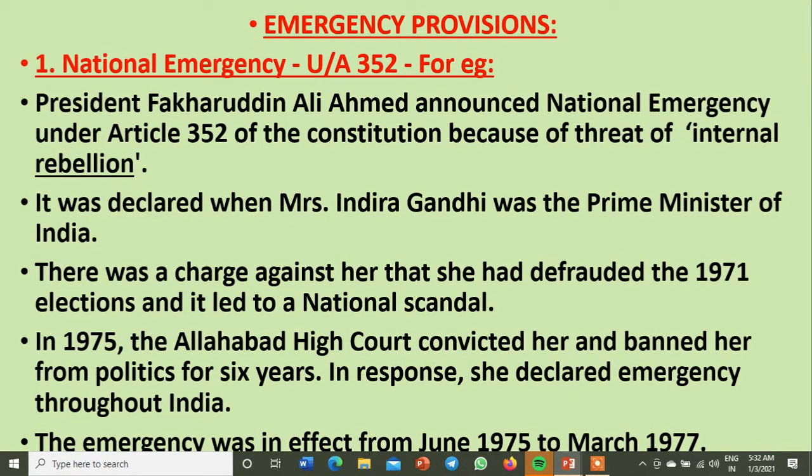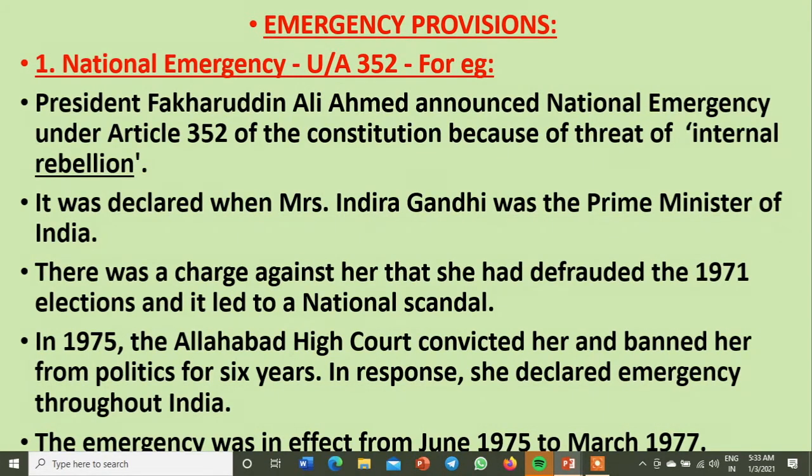In 1975, the Allahabad High Court convicted her and banned her from politics for 6 years. In response, she declared emergency throughout India. The emergency was in effect from June 1975 to March 1977.